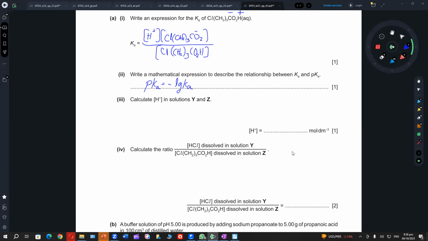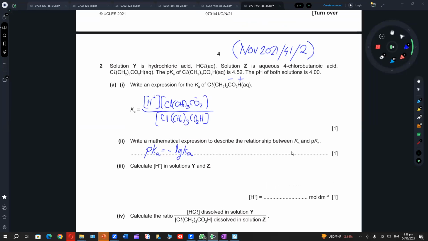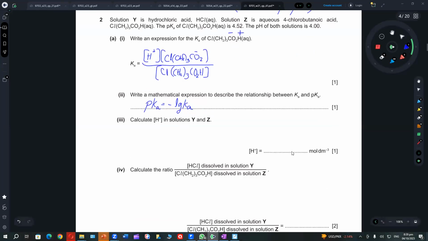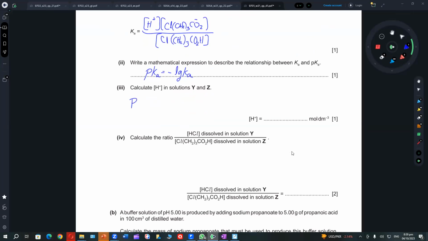Calculate H plus in solutions Y and Z. We have made the expression here, and they have given pH. So if we go for pH, it's a weak solution, and we can find the concentration of H plus by using the formula minus log H plus.